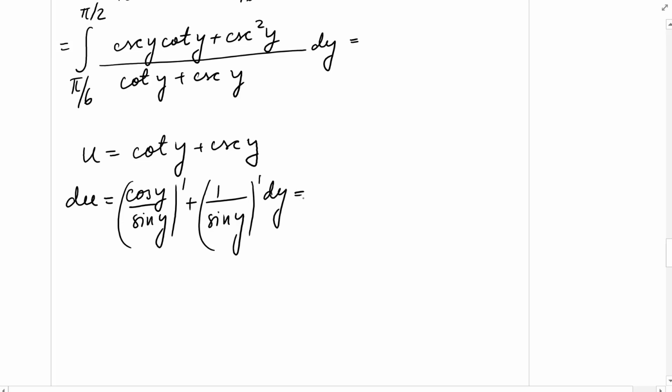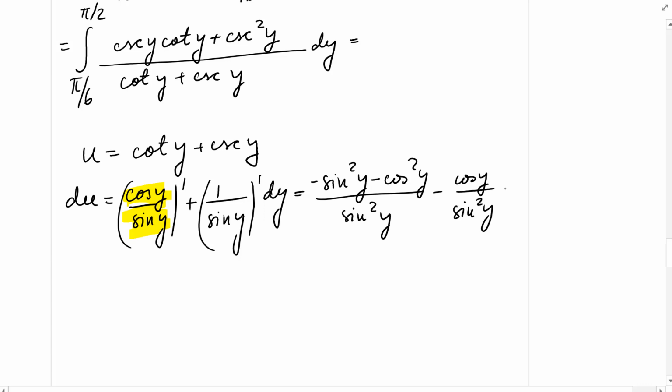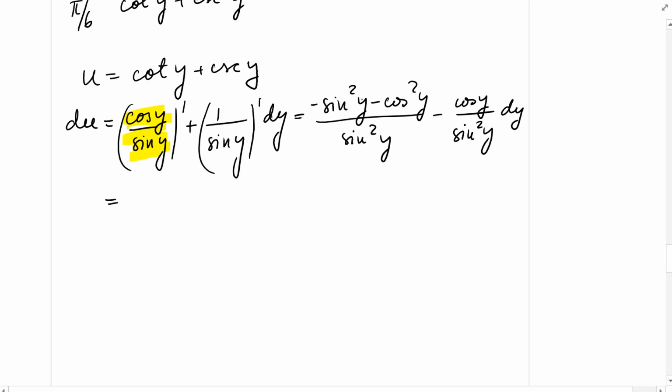Well, this one is going to give us, if I use the quotient rule, cosine prime times sine minus cosine times sine prime, which is negative sine squared minus cosine squared y over sine squared y, and then minus cosine y over sine squared y dy. Well, if we compute this, at the numerator here I get negative 1 over sine squared of y.